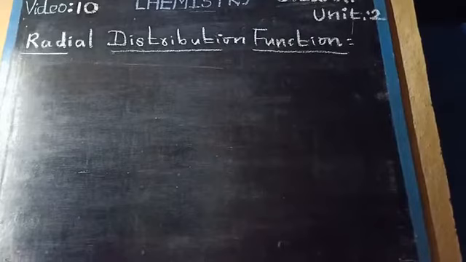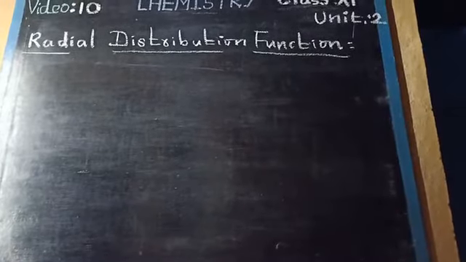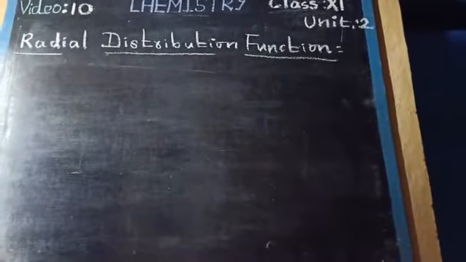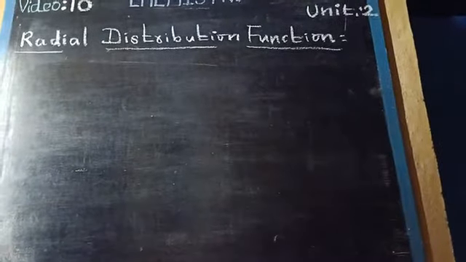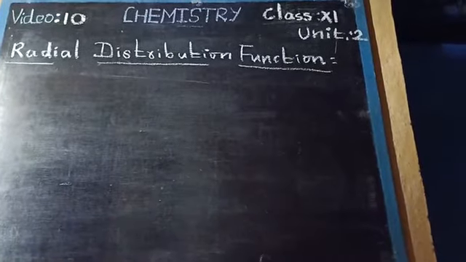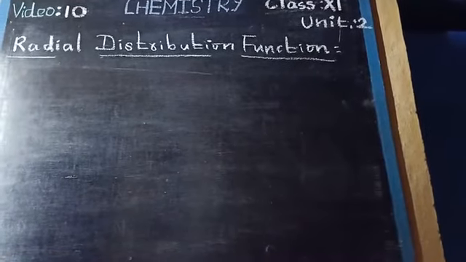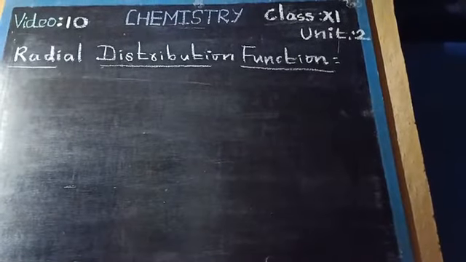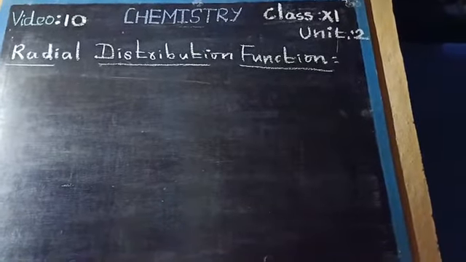This session we are going to see the topic radial distribution function as well as angular distribution. In radial distribution, we talk about the distance for electron as well as nucleus.